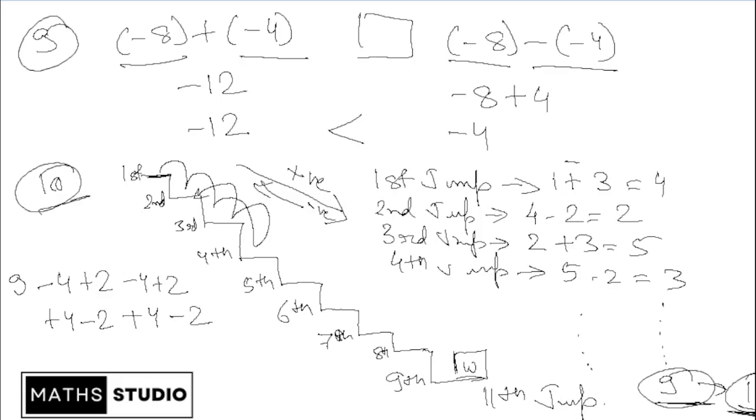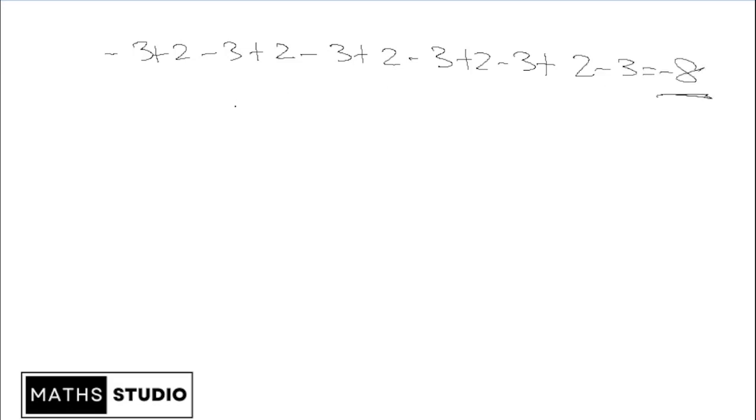So we can show it in this manner: minus 3 plus 2, minus 3 plus 2, minus 3 plus 2, minus 3 plus 2, minus 3 plus 2, minus 3, which is equal to minus 8. And the second part can be shown as 4 minus 2 plus 4 minus 2 plus 4, which is equal to 8. So it comes to the same thing.